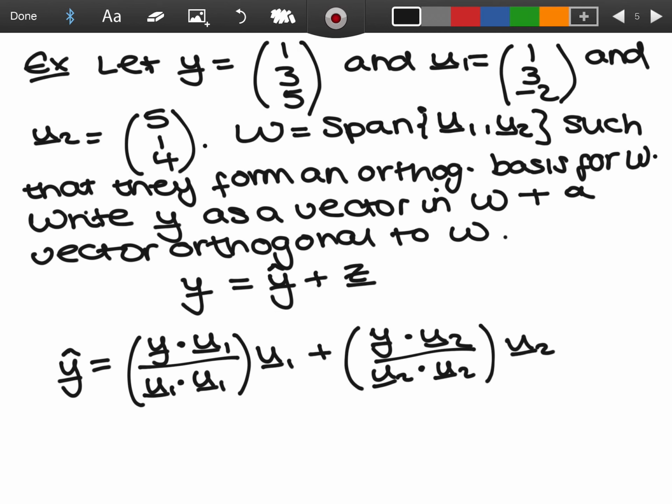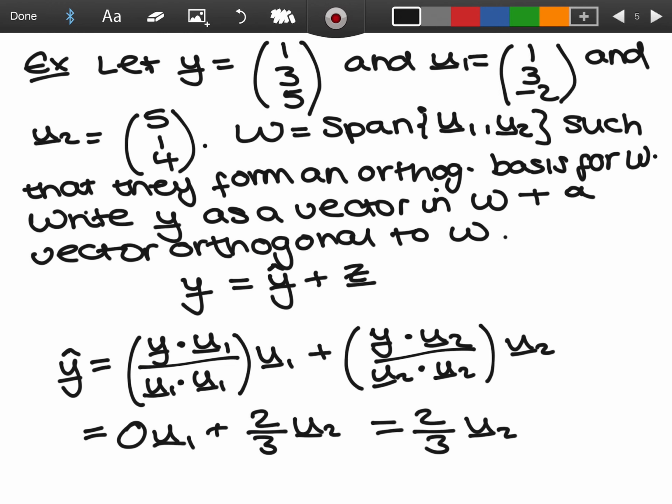So the only difference from what we had in 6.2 is that we now have two vectors that span this space as opposed to just the one u. If you figure this out, what you should get, and what I got, was 0 times u1 plus 2 over 3 times u2. I think it actually came out to 28 over 42 u2, which simplifies down to 2 over 3 u2.